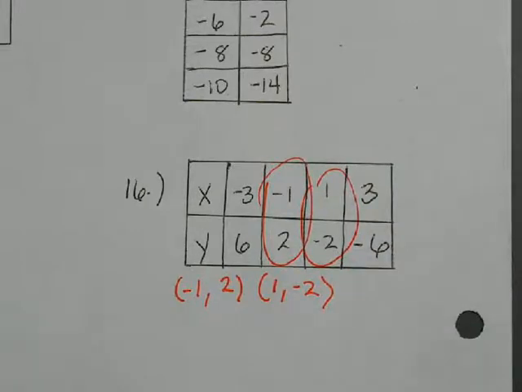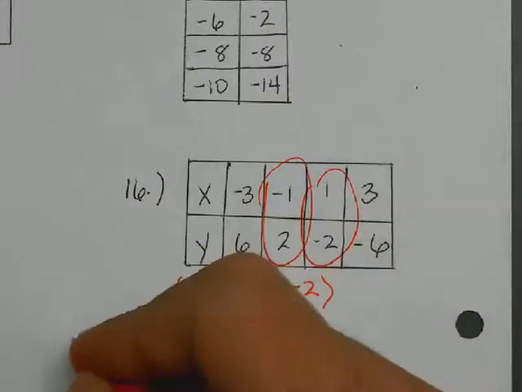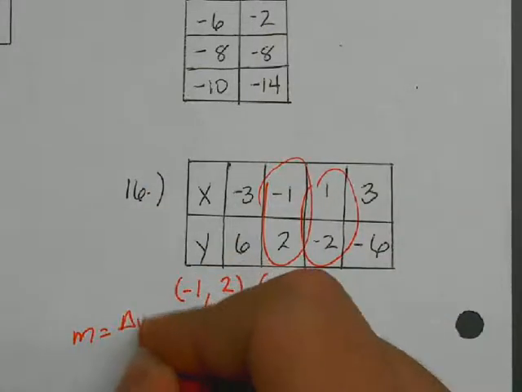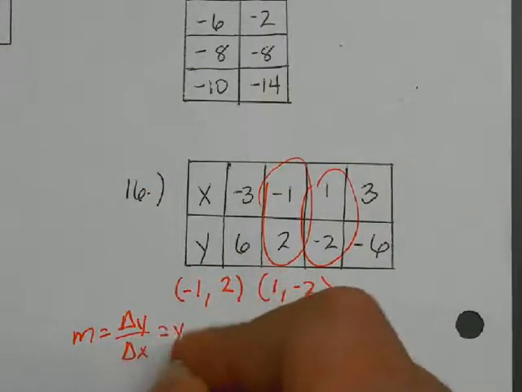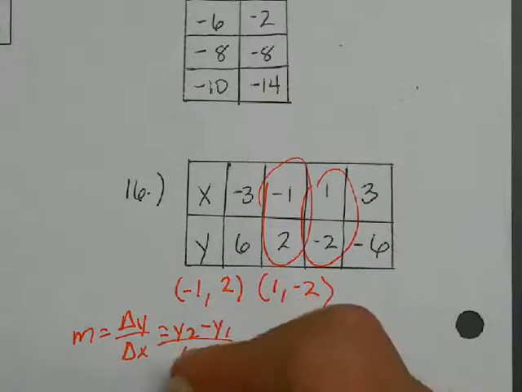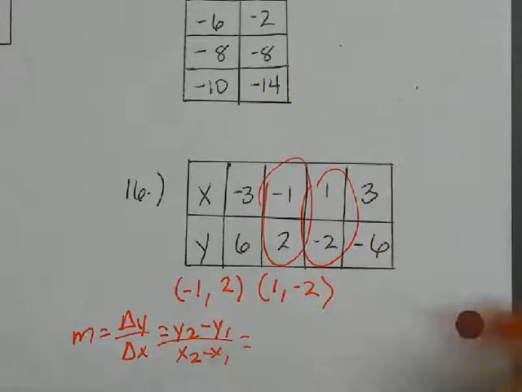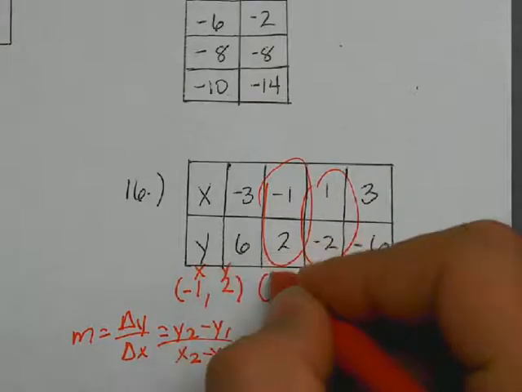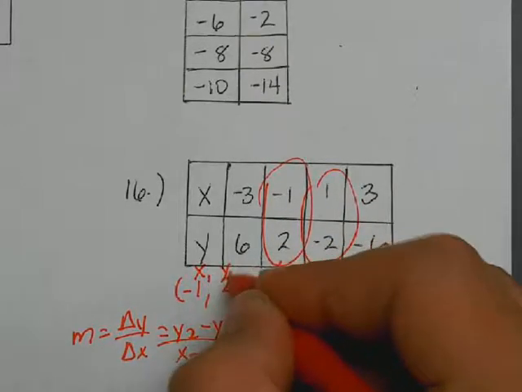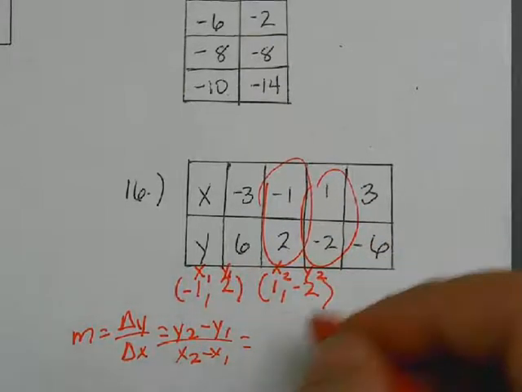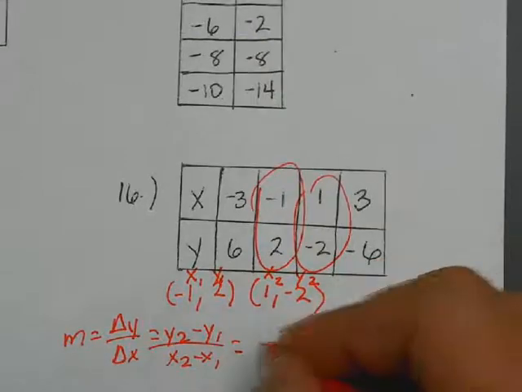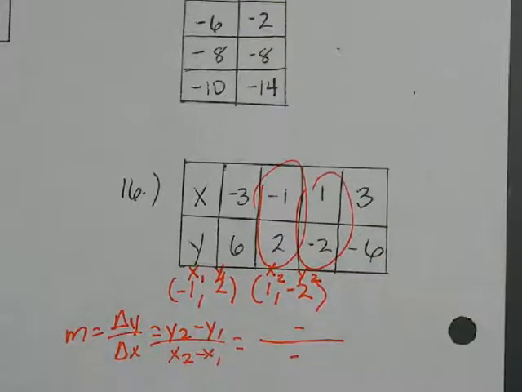So now that I have -1, 2, and that, I'm going to write out my formula. M is equal to the change in y over the change in x, which is y2 minus y1 over x2 minus x1. I label xy, 1, 1, 2, 2. Now I fill in. So I got, I draw my bar, my subtraction sign. I fill in.